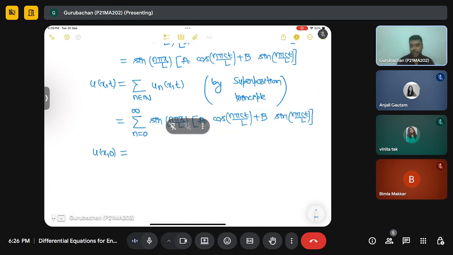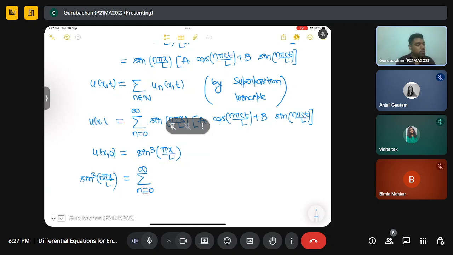u(x,0) is given as sin cube(pi x/L). If you put these values in this particular series, this will give you sin cube(pi x/L) equal to the summation, n from 0 to infinity, where you substitute t equal to 0 in this u(x,t).